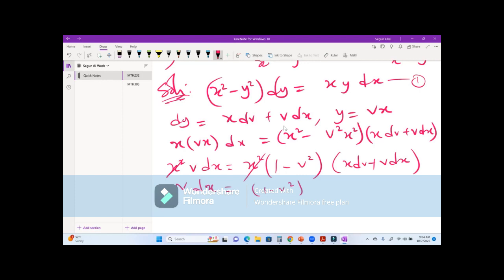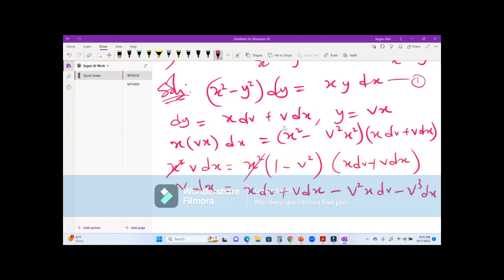So at the end of the day, you have 1 minus v squared, or we can open the brackets of 1 minus v squared. Let's open the brackets here. Let me see. We have 1 multiplied by x dv. 1 multiplied by this, we have plus v dx. Minus 1 multiplied by v squared, minus v squared x dv, minus times minus, we have minus v cubed dx.